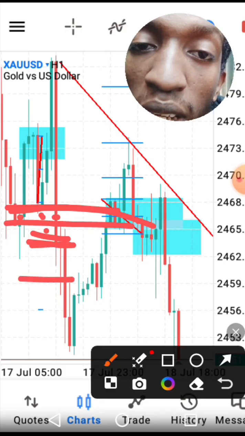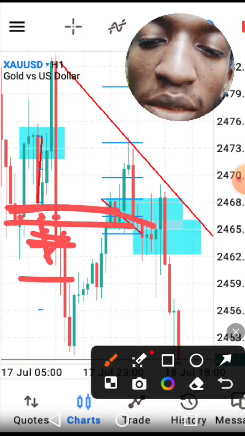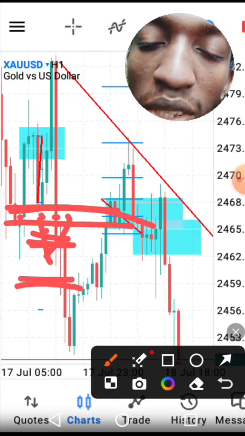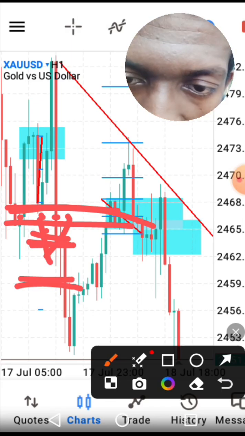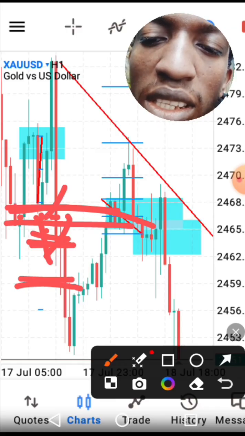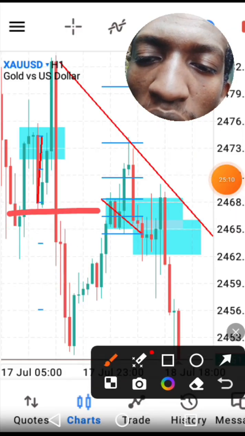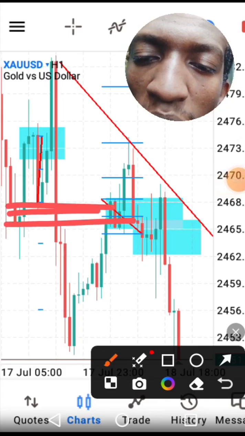If price comes down there, you can buy again and put your stop loss down there. But if it does not come down there, you can buy and put your stop loss just like I told you, like the third model. So it's all about risk minimizing.